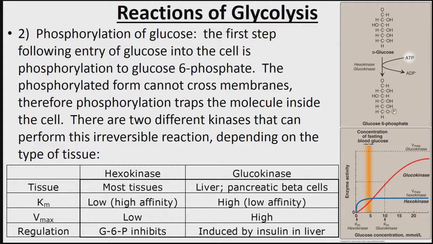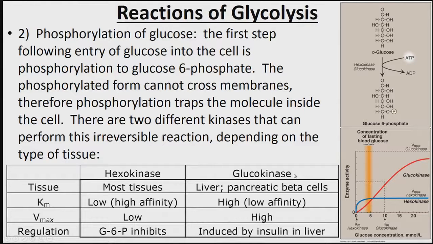So the tissues are exposed to elevated glucose, but not extreme, unless you're in a situation where you can't regulate your blood glucose, like diabetes or something. So they don't need a high Vmax. So they have a very high affinity. Okay, so they can deal with every little bit of glucose that gets in there, boom, it's phosphorylated. But you're not going to have tons of it coming inside the cell. Whereas the glucokinase is going to be the version that's in the liver.